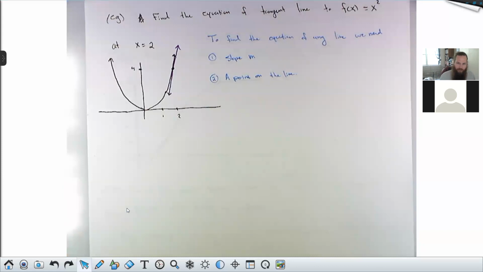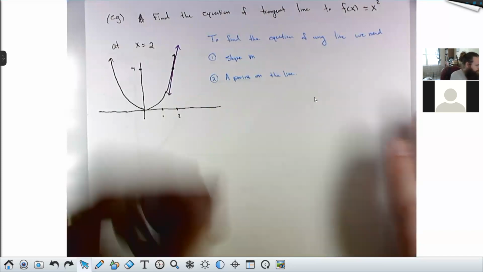You don't need the y-intercept. That's the thing I'm trying to make clear here. To find the equation of a line, you don't have to just jump to y equals mx plus b, and sometimes you can't. What you do need is the slope of the line and then any point on the line.